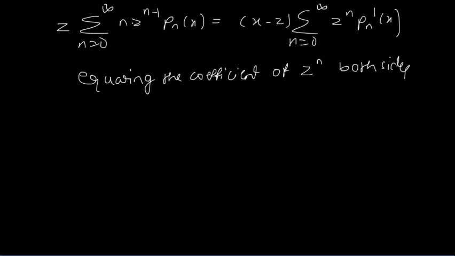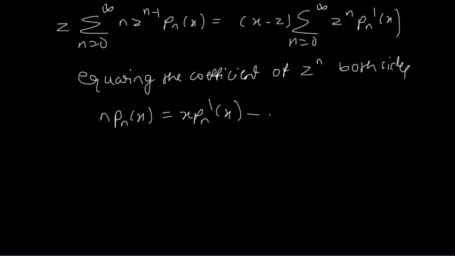Here, equating the coefficient of z raised to n: when we multiply z with this term, z and z get cancelled, and you will get n into Pn of x, which is equal to, and here also you multiply with z raised to n, x into Pn dash of x minus, again you multiply this with z raised to n minus 1. When you substitute n equal to n minus 1, it changes to Pn minus 1 dash of x.